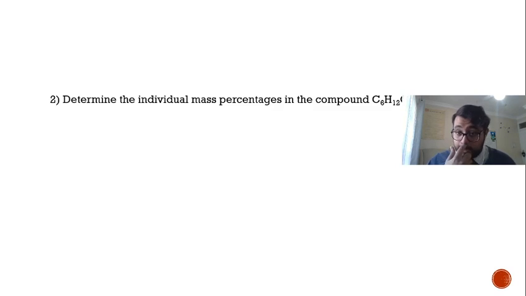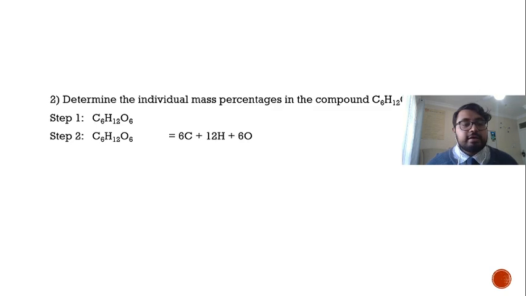They've given us the compound, the chemical formula, so we don't have to worry about that. Step 2, we have to calculate the molar mass of the compound. So have your periodic tables ready, and you see we have 6 carbons, 12 hydrogens, and 6 oxygens.